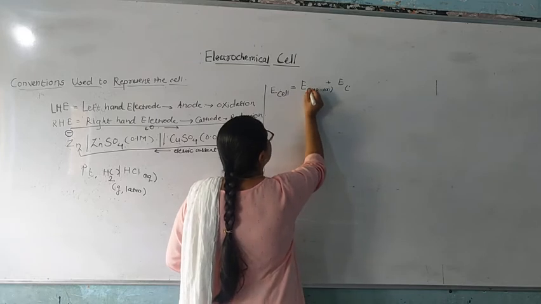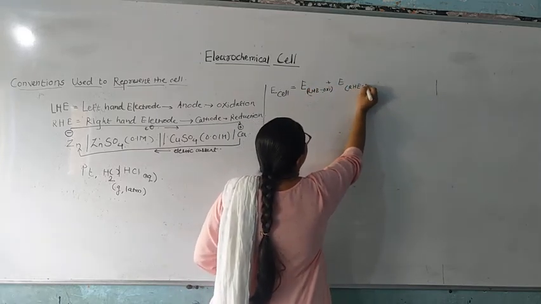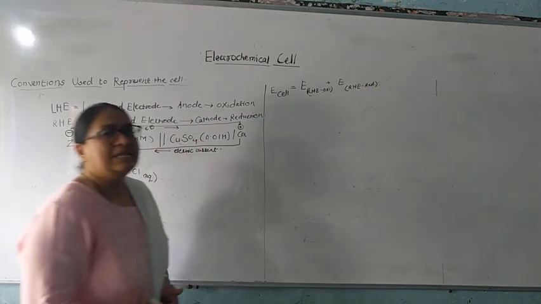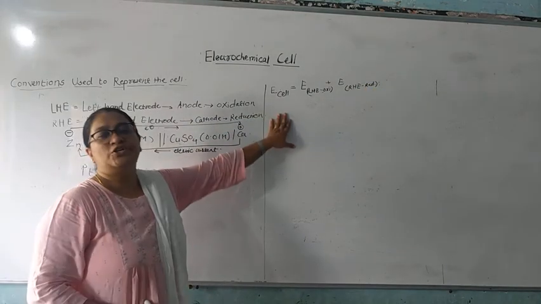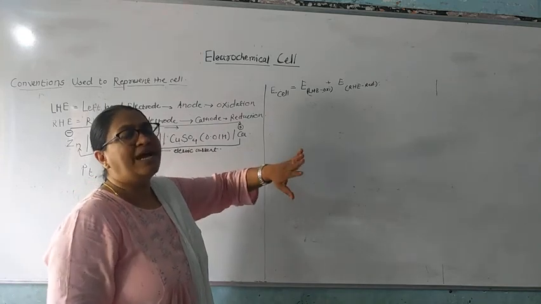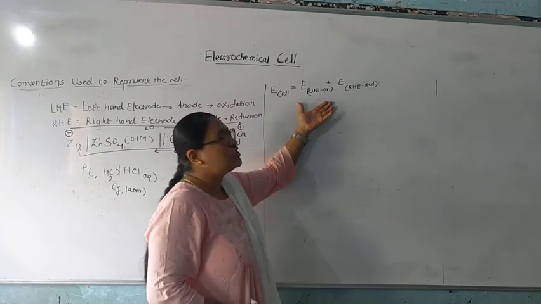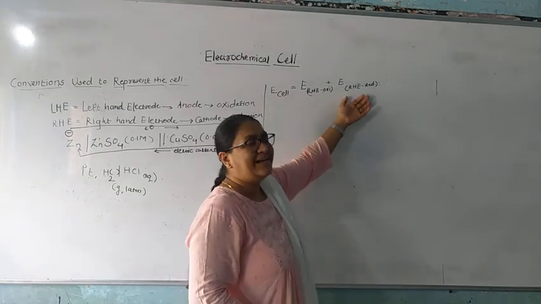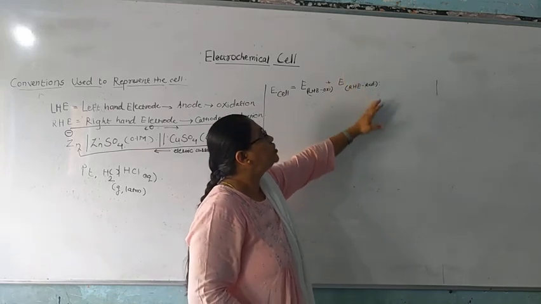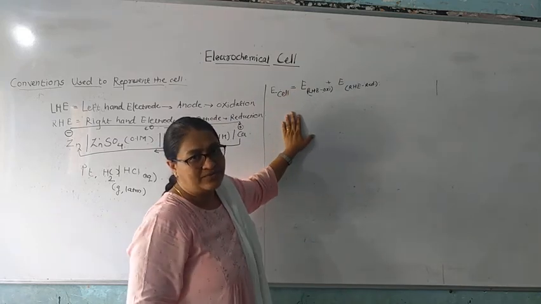This is a simple equation to calculate the EMF of the cell. We know that on the left hand electrode oxidation occurs, so that is the oxidation potential, and on the right hand electrode reduction occurs, therefore the reduction potential. The sum of these two potentials is the EMF of the cell.